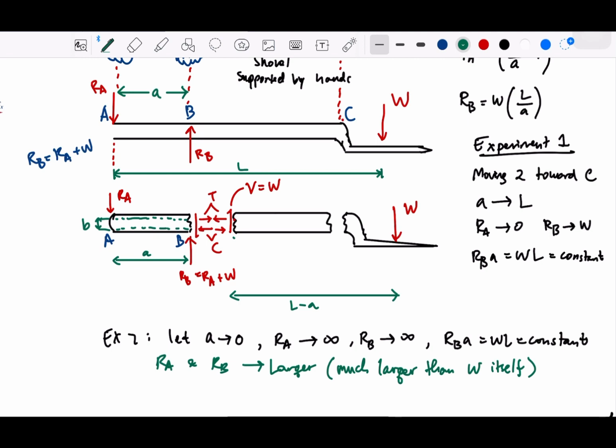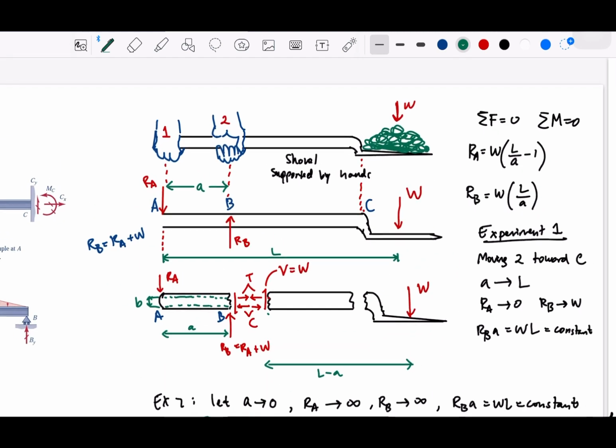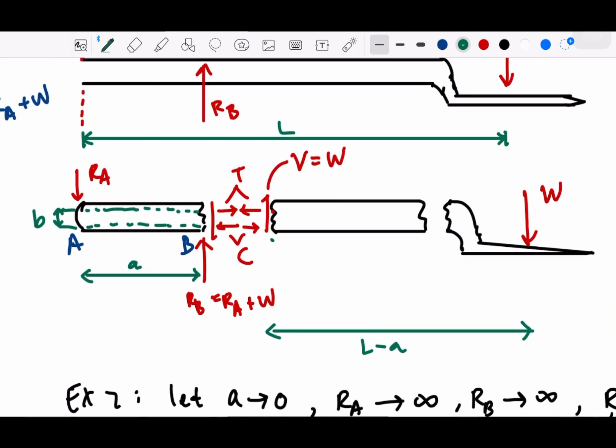Now from these two experiments, we can see how much the forces change if we change the distance. If we change the distance, the reaction force also changes. Now let's focus on this graph that I already cut.